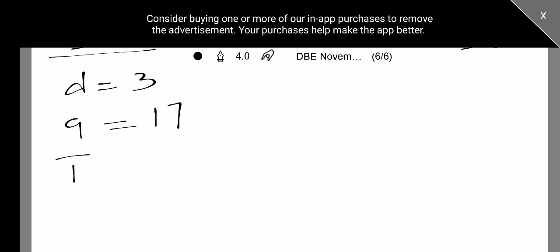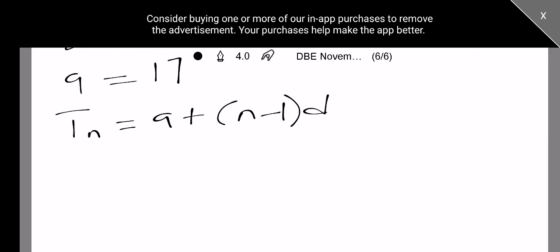The equation for the nth term is Tn equals a plus (n minus 1) multiplied by d. Therefore T15 is equal to a plus 14d.